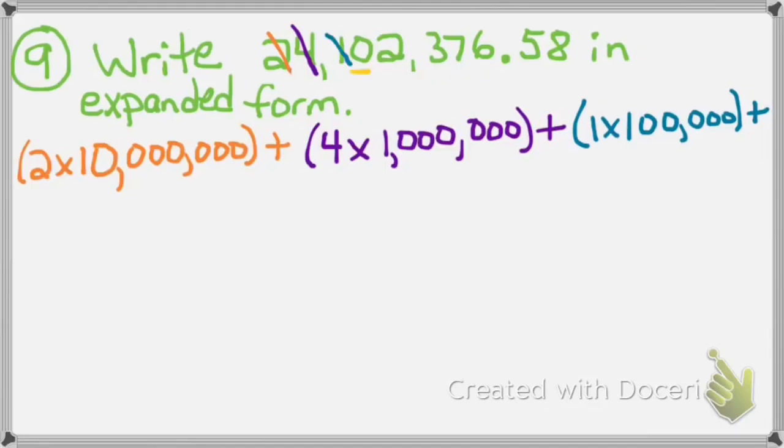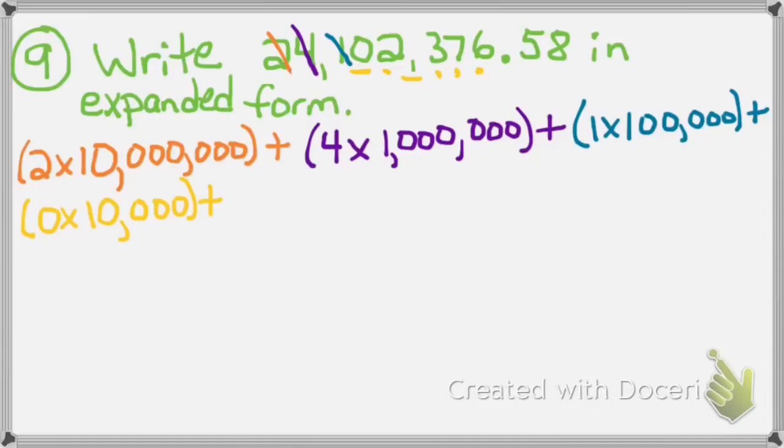Move on to my next digit. My next digit is a 0, so I'll open my parentheses, copy down that 0, times 1, then 0, comma, digit, digit, digit, 0, 0, 0, close my parentheses, and put a plus sign.